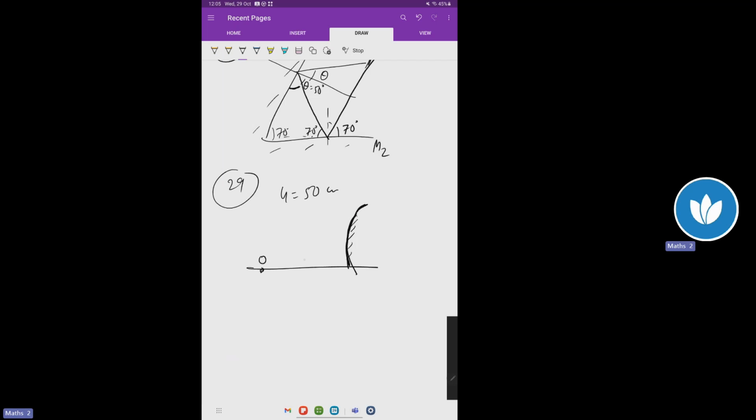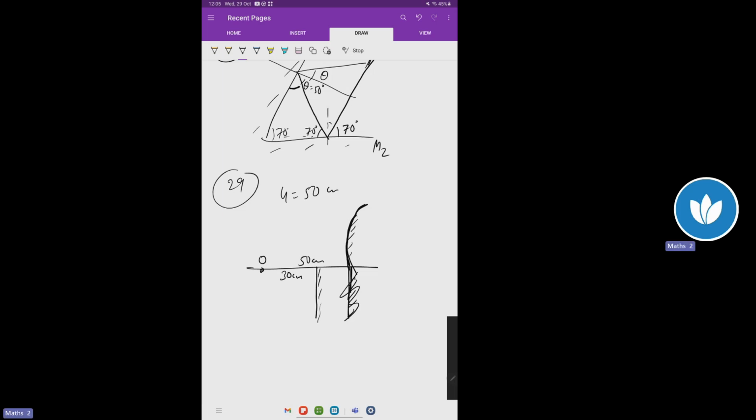This is the object at 50 centimeters, and the lower half is covered by a plane mirror. If the distance between the object and the plane mirror is 30 centimeters, it is actually here. This is 30 centimeters.